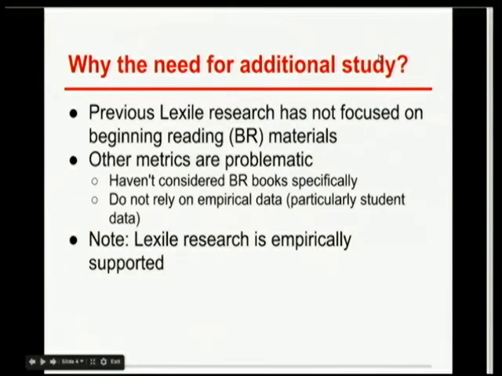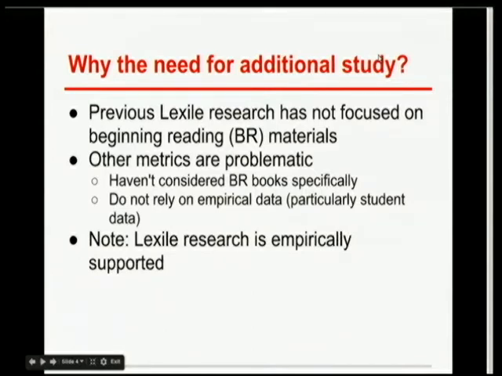So the Lexile framework exists already. Why are we doing something else with it? The reason is that previous Lexile research hasn't focused on beginning reading, which I also call BR materials. For me, this is pretty much reading materials appropriate for K through 2. There are some other people who are doing this sort of measurement, but they are problematic for a couple reasons.